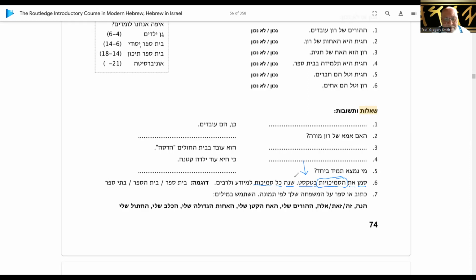Okay, and then wow, I've never been stumped on an exercise like this, but you're learning actual grammar, you're learning actual Hebrew grammar titles. That's what you're learning. That's what's in this book.